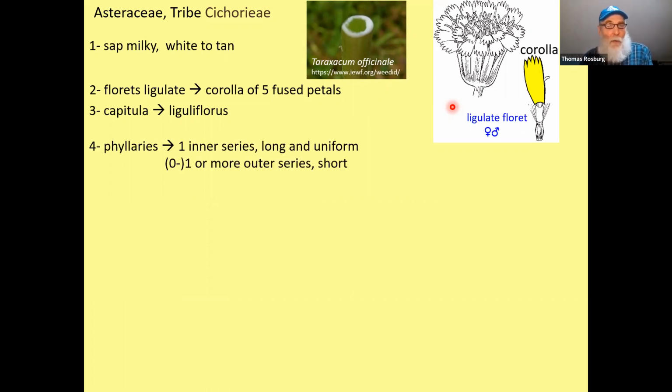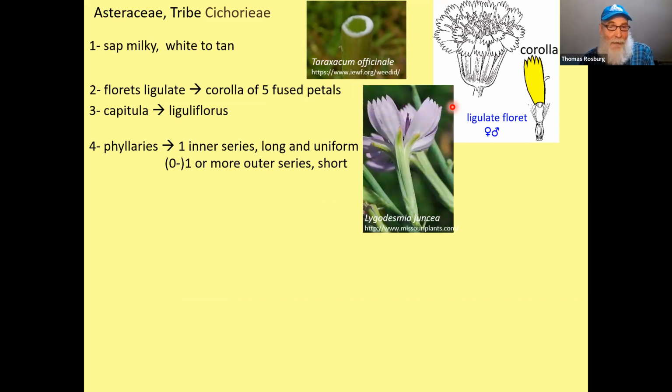The phyllaries, or the bracts, so that's a fancy term for those involucral bracts that we were looking at before. In the Cichorieae, there's usually one series of long, uniform bracts. It's the inner series, and what that means is it's the highest up.